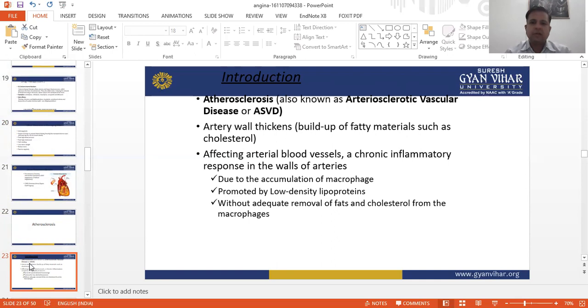It is a chronic inflammatory response in the walls of arteries due to the accumulation of macrophages promoted by low density lipoprotein without adequate removal of fats and cholesterol from the macrophages.